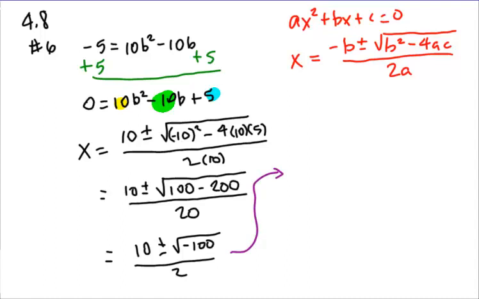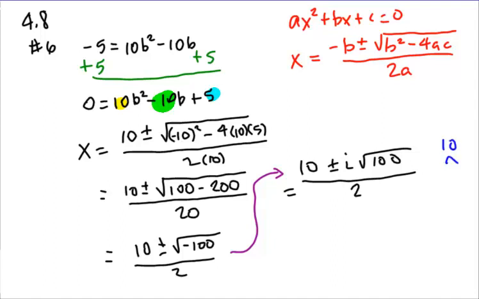And with that radical with the negative underneath, we handle that by pulling out an i and making the number under the radical positive. And then you should be able to recognize that you have a square root of 100, which is 10. If you don't, just do your factor tree.